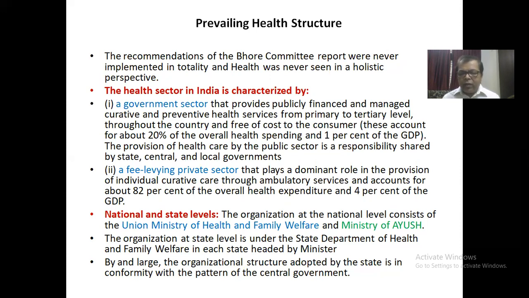Ayush is an acronym, and it refers to Ayurveda, yoga and naturopathy, Unani, Siddha and homeopathy. Earlier it was known by a different name, but as of today it is known as the Ministry of Ayush. So this is the structure at the union level, at the central level, that there are two ministries.